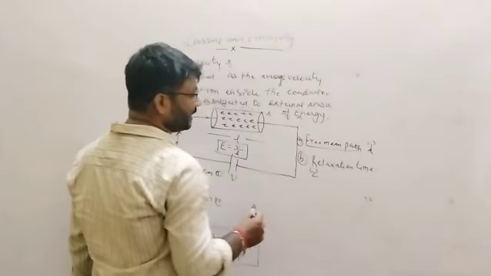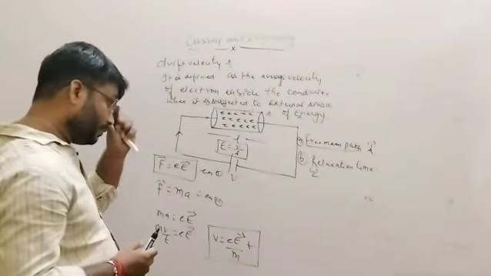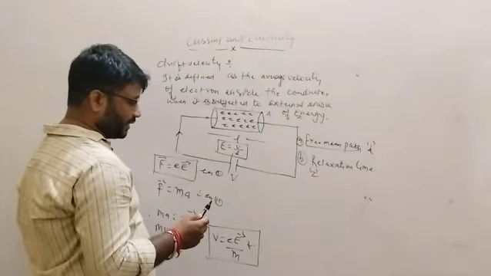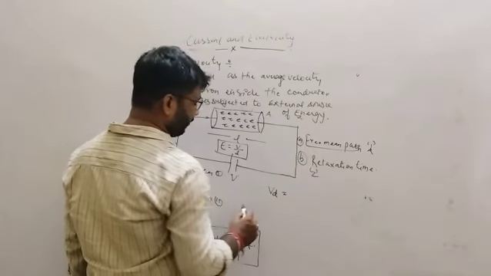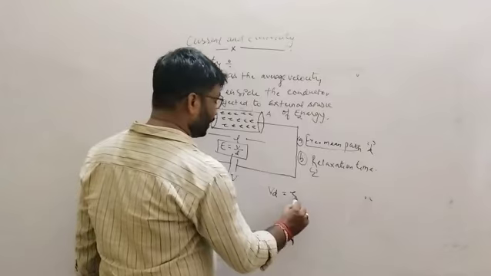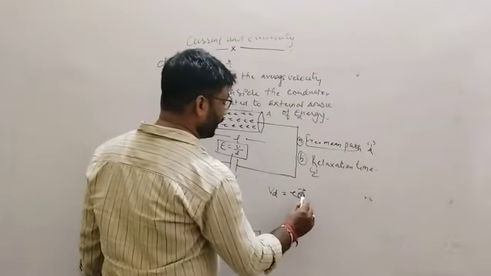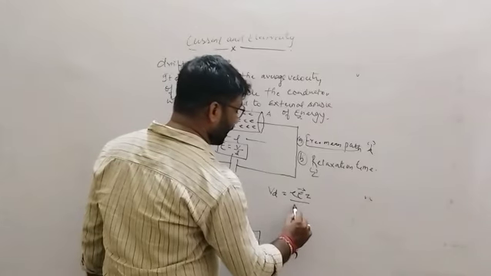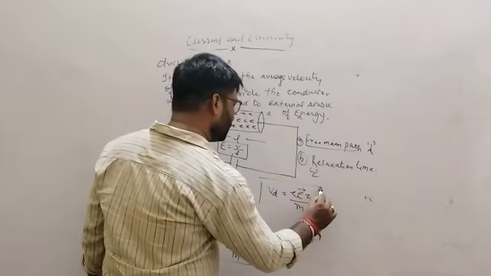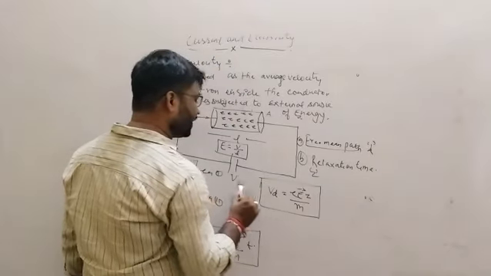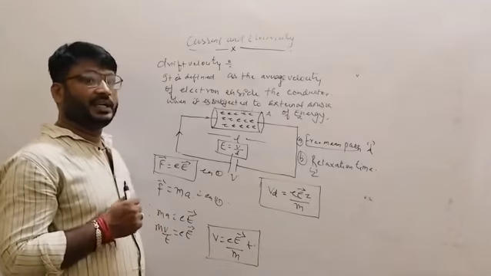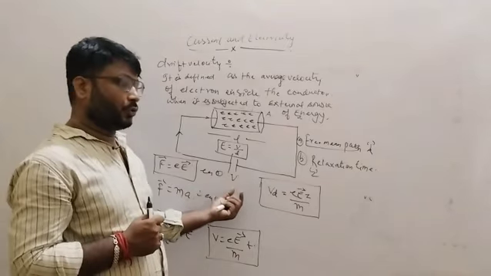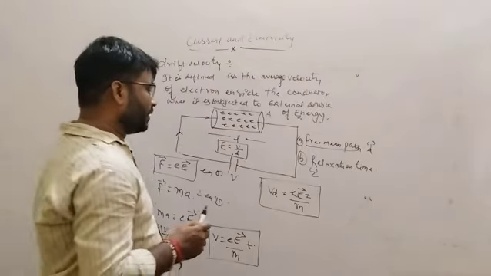If we consider this, the drift velocity in terms of relaxation time, we will get Vd equal to e into E tau by m. This is the expression of drift velocity of electrons inside the conductor when it is subjected to the external source of energy. So what is e here?